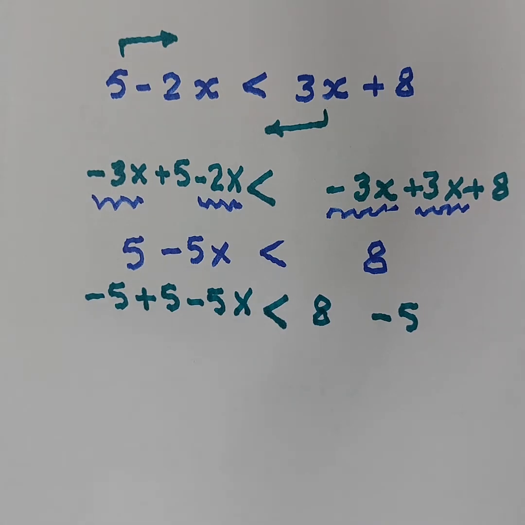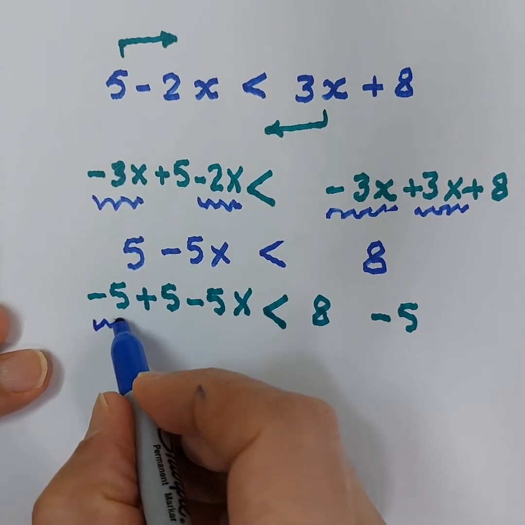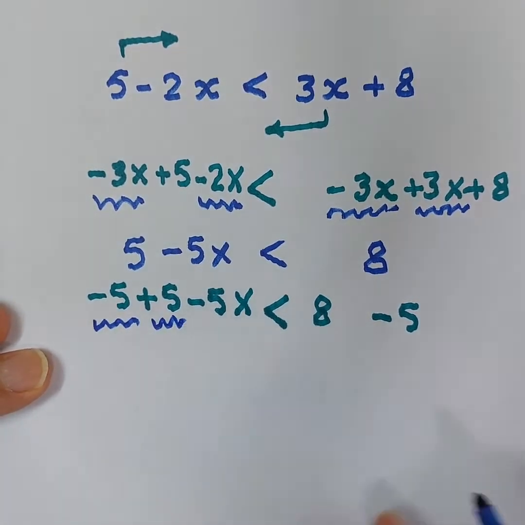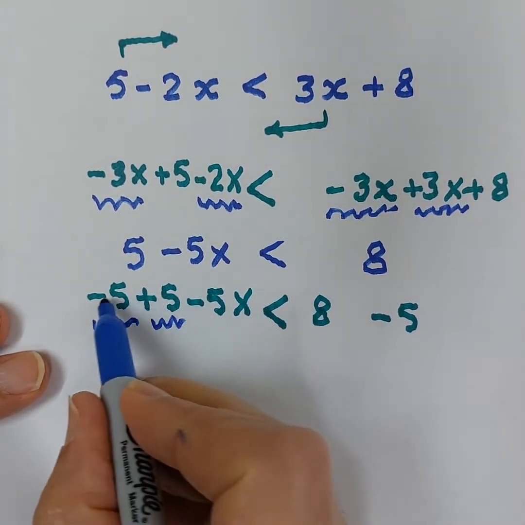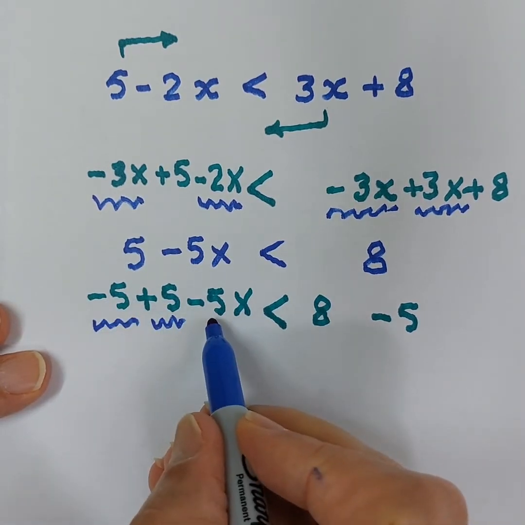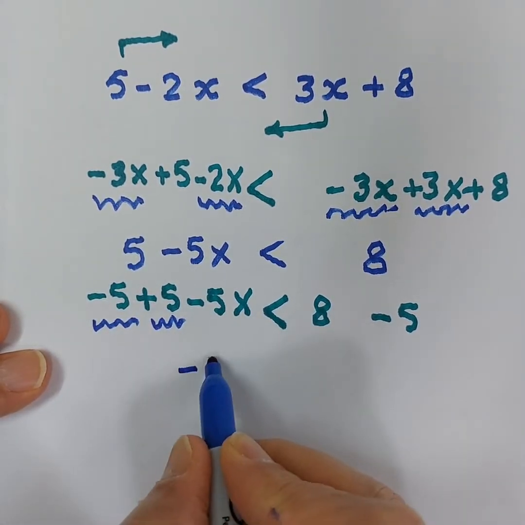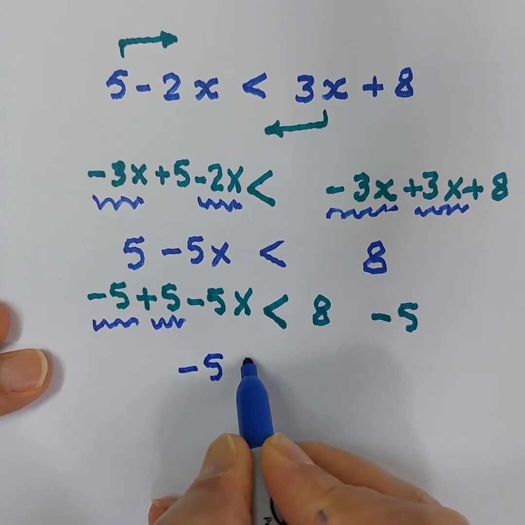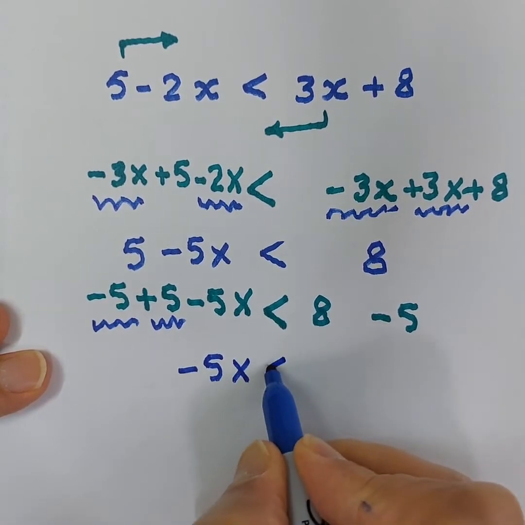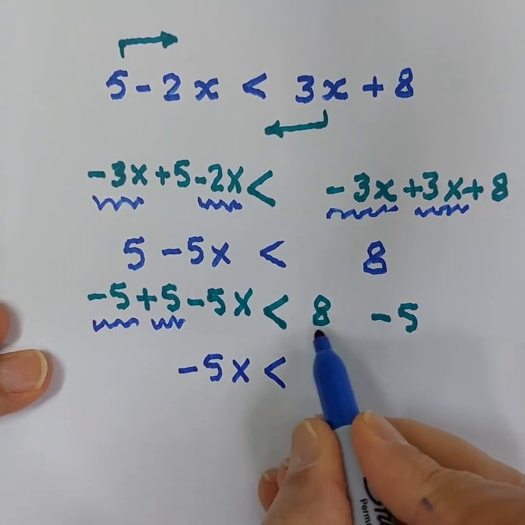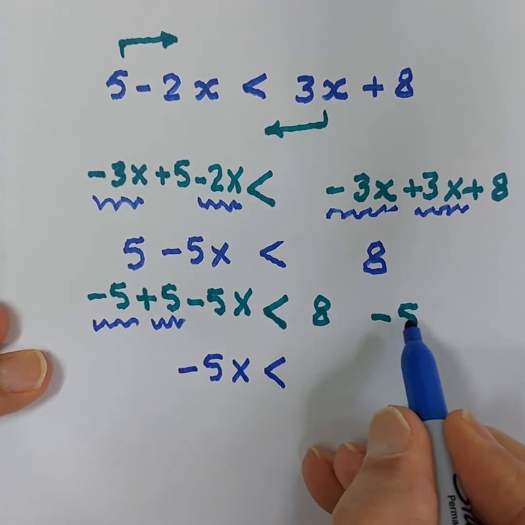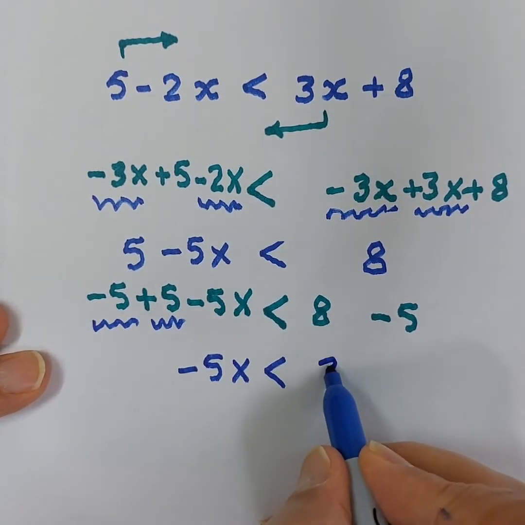Again, this will lead to cancellation between minus 5 and plus 5. So this will give me 0, and minus 5x will stay here, is less than the result for 8 minus 5, which is 3.